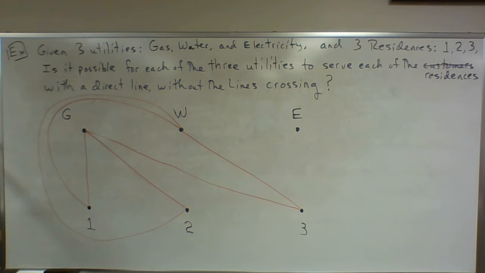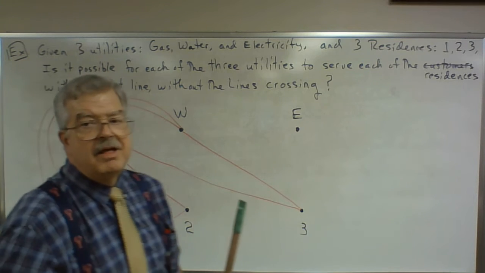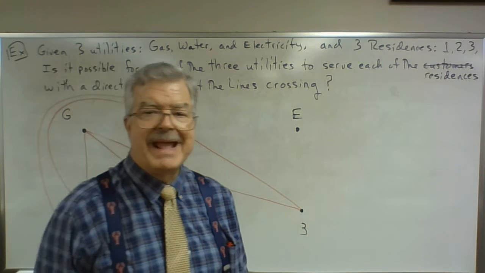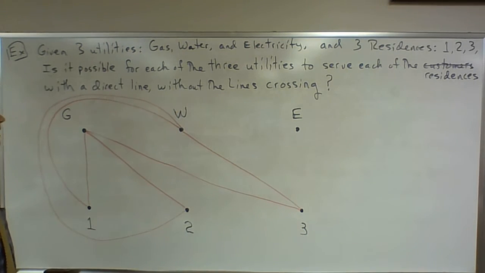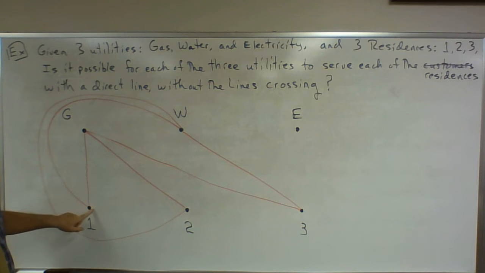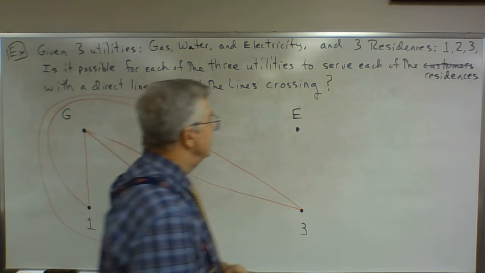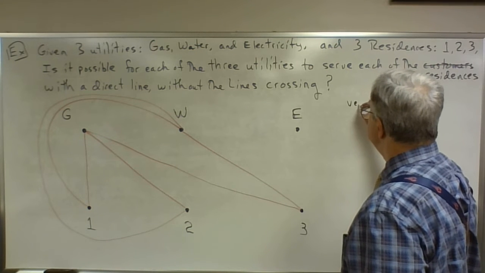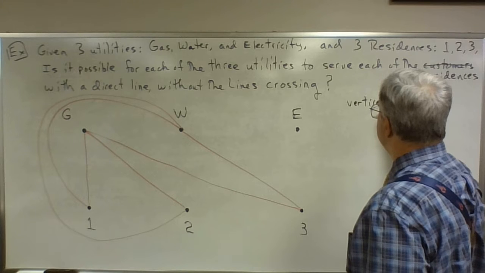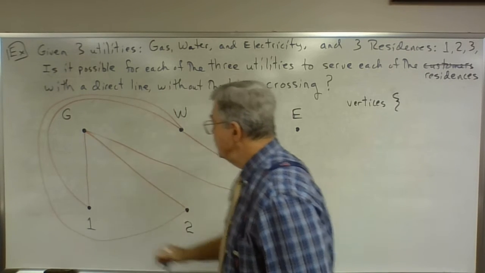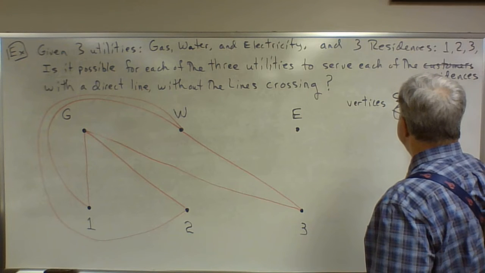And let's see how I can denote this. Here, I'm going to start a convention where I denote an edge by the name of the vertex at which it starts and the vertex at which it ends. So we go from gas to 1, we'll call that G1.